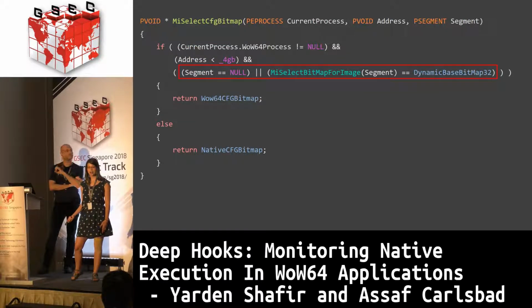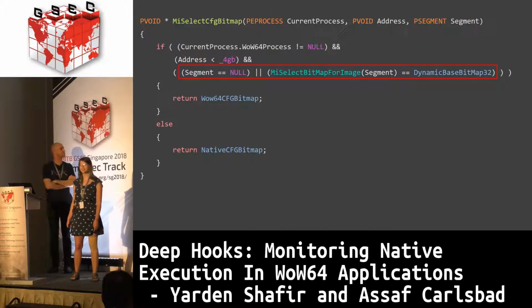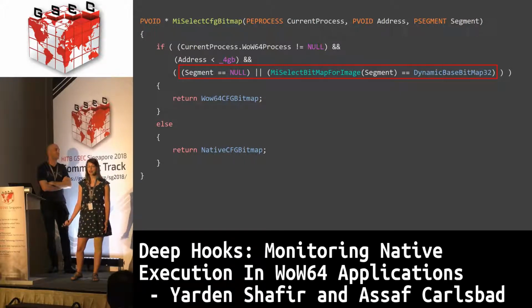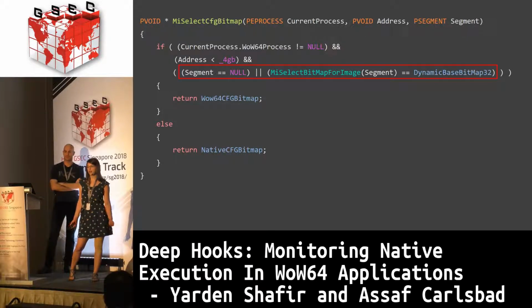And finally, we have this check, which tests whether this memory is part of an image or a private memory allocation. Private memory allocations done in WoW64 processes will always be marked in the WoW64 CFG bitmap, regardless of who allocated them or for what purpose. Now, if this memory is part of an image, we check whether this image is a 32-bit or 64-bit one and choose the bitmap accordingly.